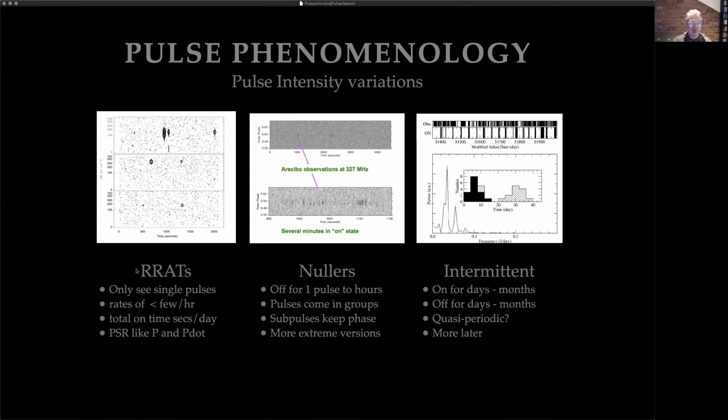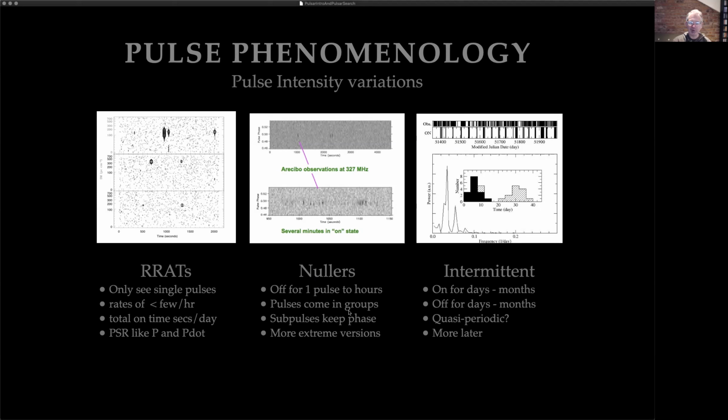It might be that this is because of the nature of the emission, or that they are somehow turning on and off for some other reason. We now think that these are probably just some extreme end of the normal pulsar population, but they are an important aspect of pulsars.